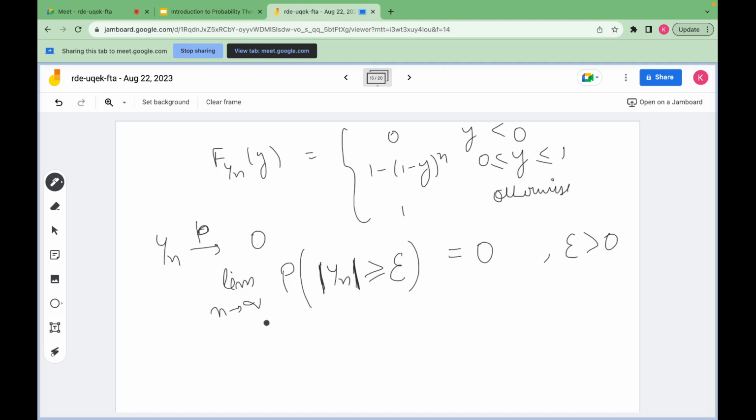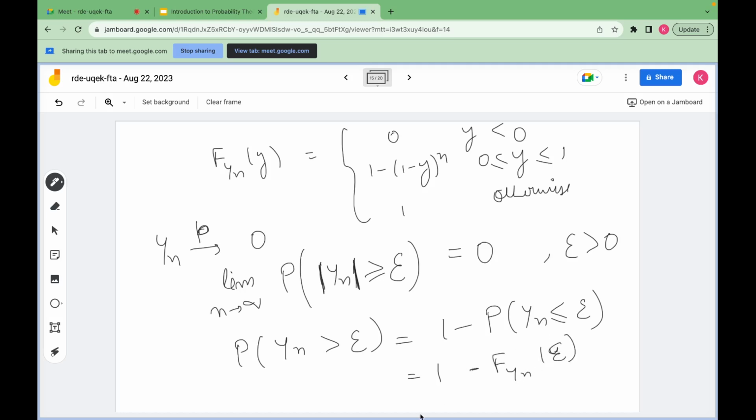Okay, now we will see what is the probability of yn greater than epsilon. It is 1 minus the probability that yn is less than or equal to epsilon. This we know. Since it's a continuous random variable, we can write it as epsilon.